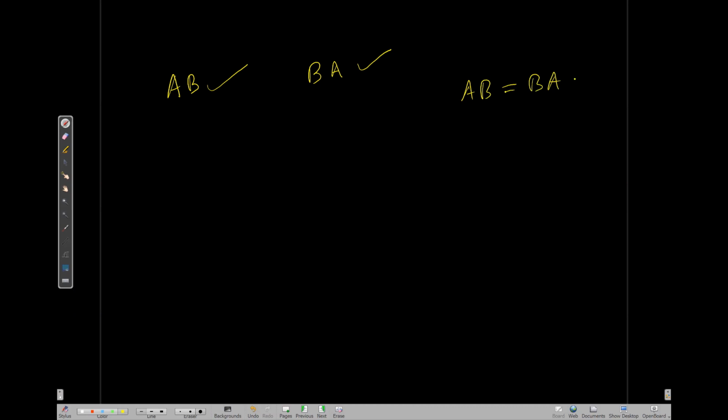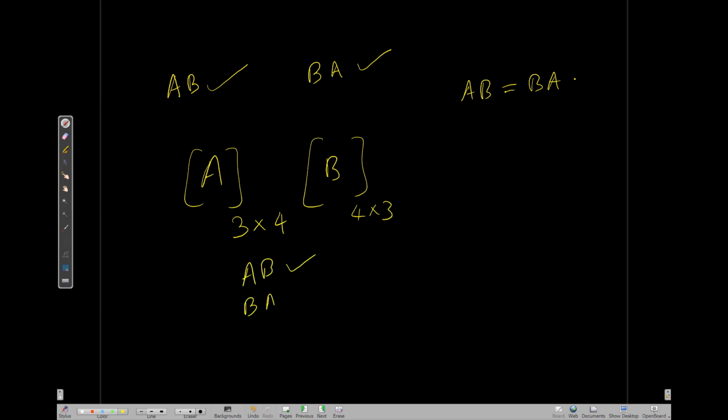Now see, we saw as long as these numbers match, for example, let's say 3 by 4 and 4 by 3, in this case AB will exist. Not only that, BA will exist. But the size of AB will be 3 by 3, while the size of BA, when you switch it the other way around, will be 4 by 4.